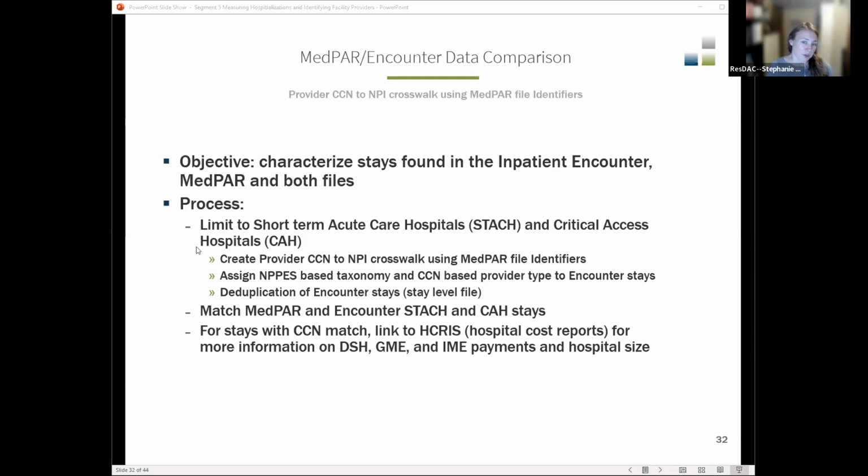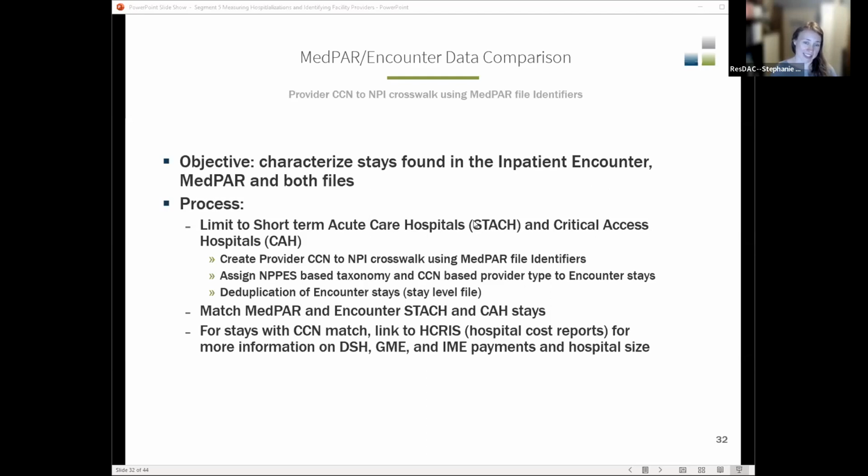The very first thing we did was limit to short-term acute care hospitals and critical access hospitals. In order to do that, though, we created a provider CCN to NPI crosswalk using what was available on the MedPAR file, assuming that the org NPI on the MedPAR stay is associated with the CCN on the MedPAR stay as well.